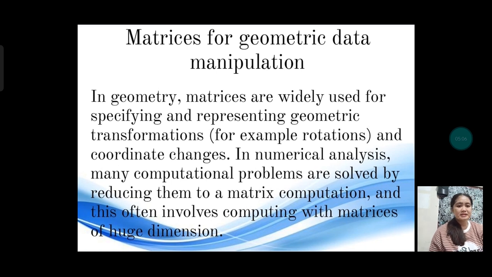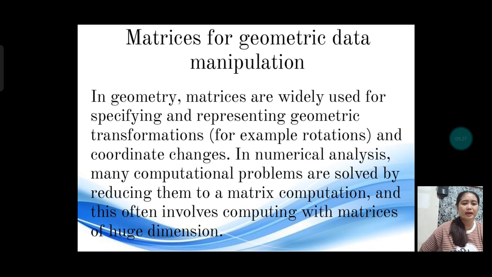So next is matrices for geometric data manipulation. In geometry, matrices are widely used for specifying and representing geometric transformations, for example, rotations and coordinate changes.